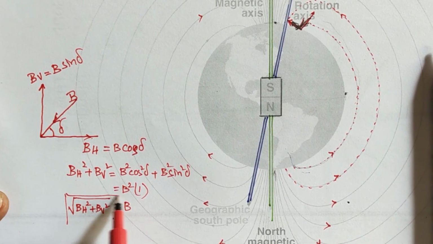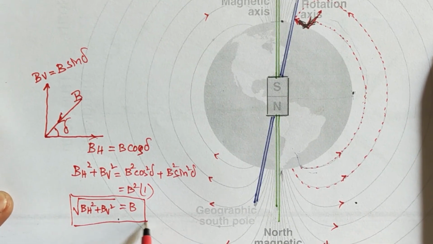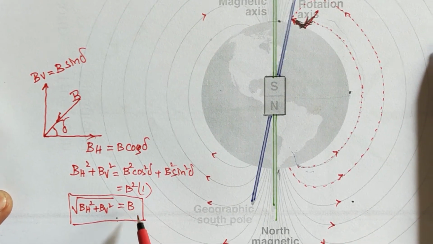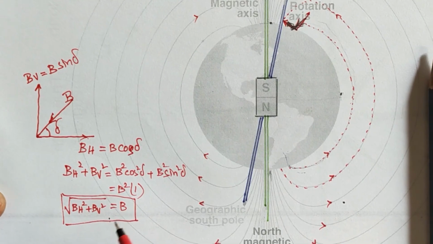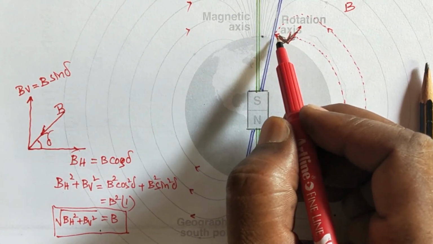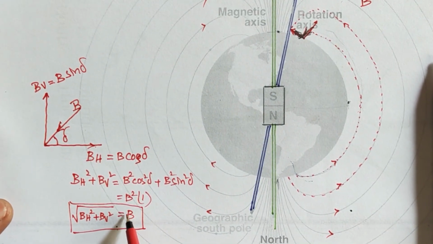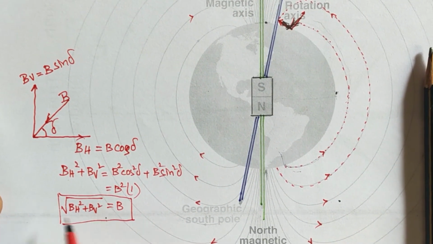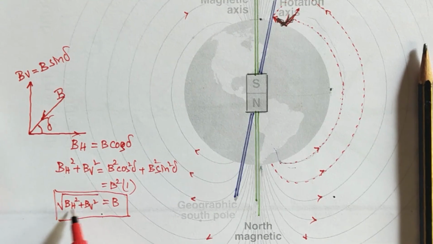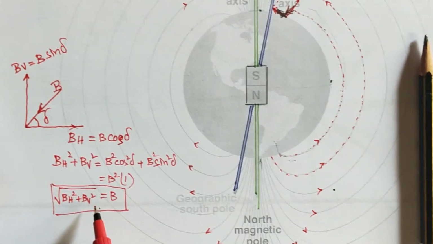This we have studied in vectors also. Therefore, to measure the magnetic field at this place, we have a relationship that its magnetic field strength is equal to the square root of BH square plus BV square.